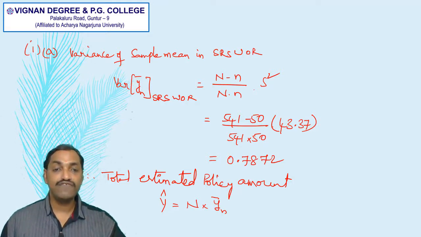Now, we need to find the sampling variance of this total estimated policy amount.